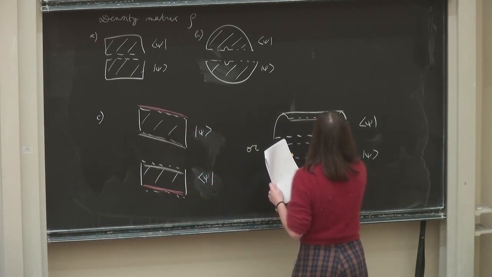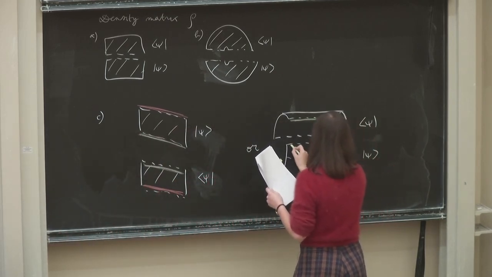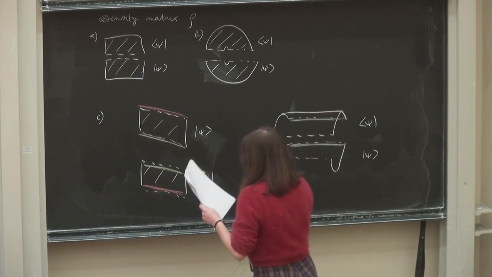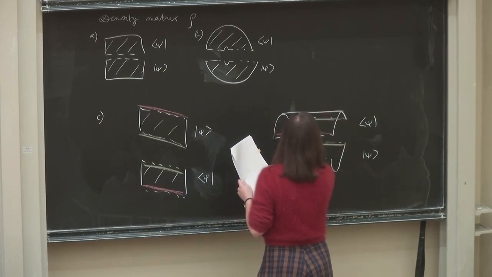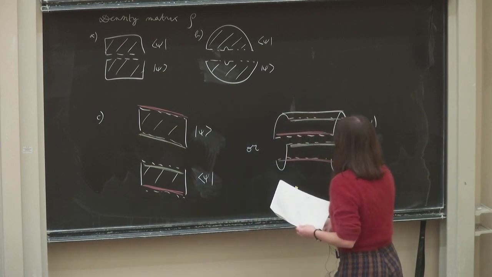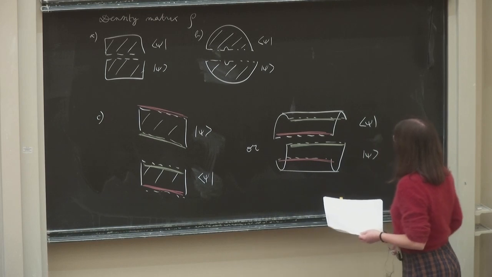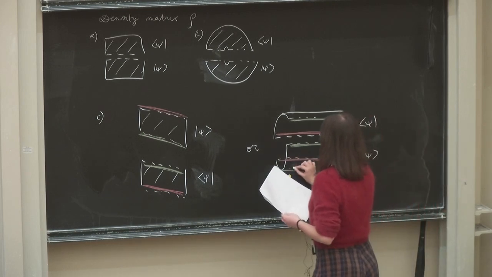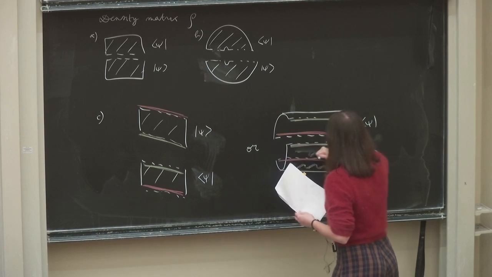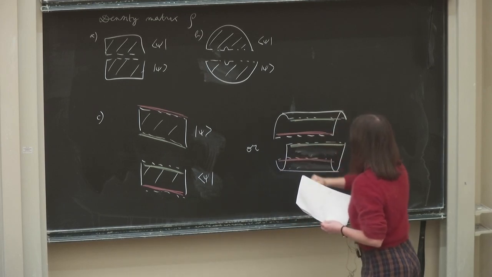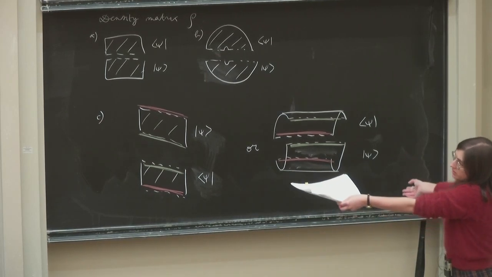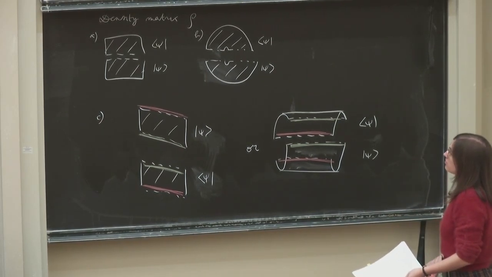So, okay, we have this one, this one, this one and this one. Let me not include the lines for the path integral evolution. Okay, so you just double all these pictures there to get the density matrices.